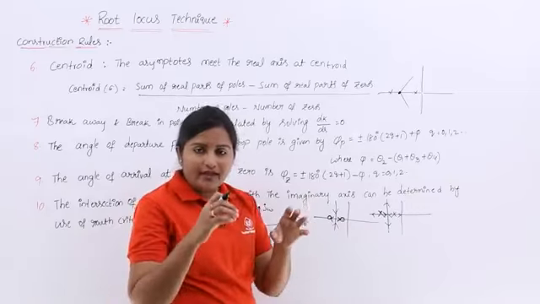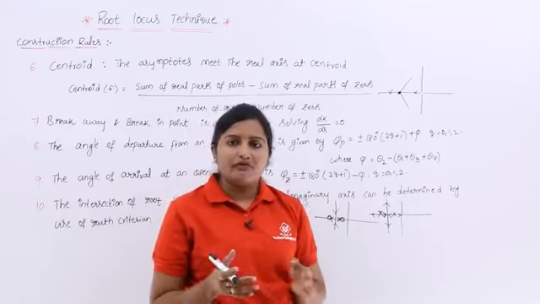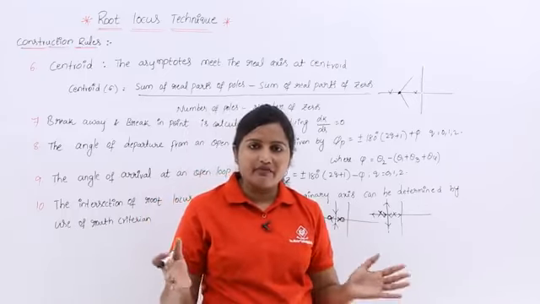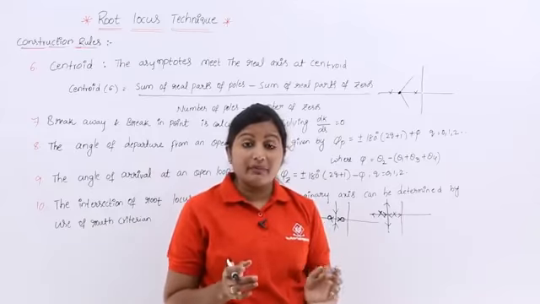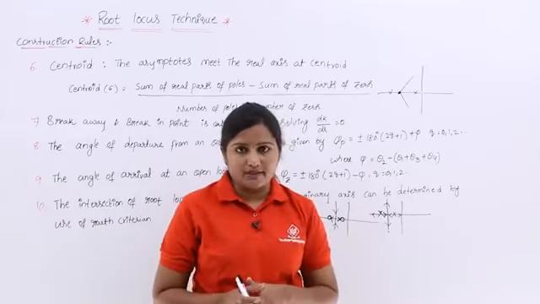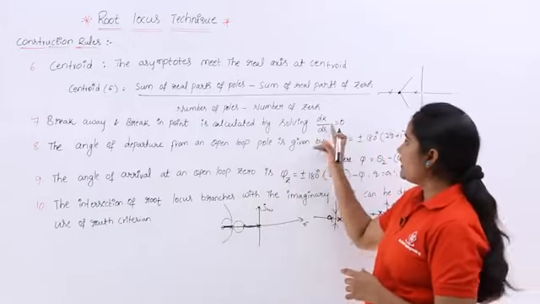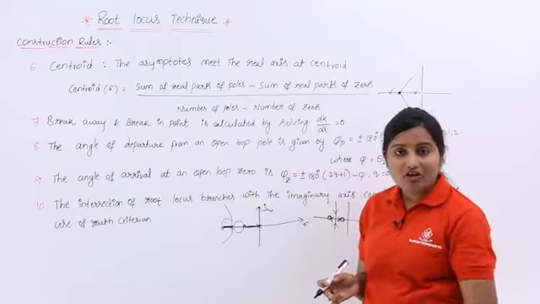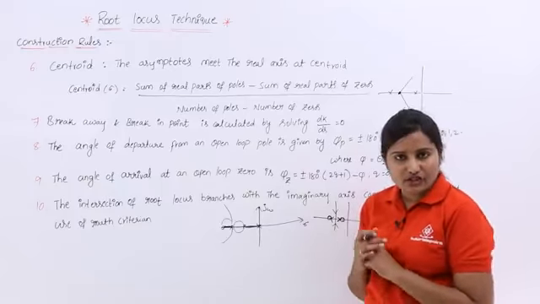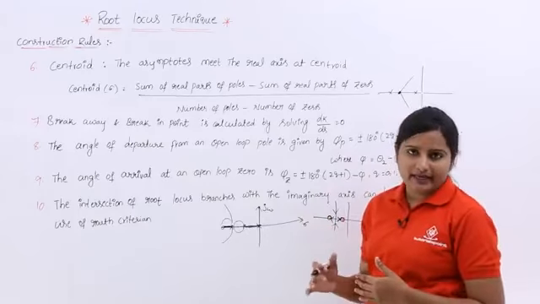That's why whenever you have two poles, definitely we have breakaway points. Whenever you have two zeros, in between the two zeros, we may have break-in points. To calculate break-in or breakaway points, we need the condition dK/ds equal to 0. By solving dK/ds equal to 0, we get the breakaway or break-in point.